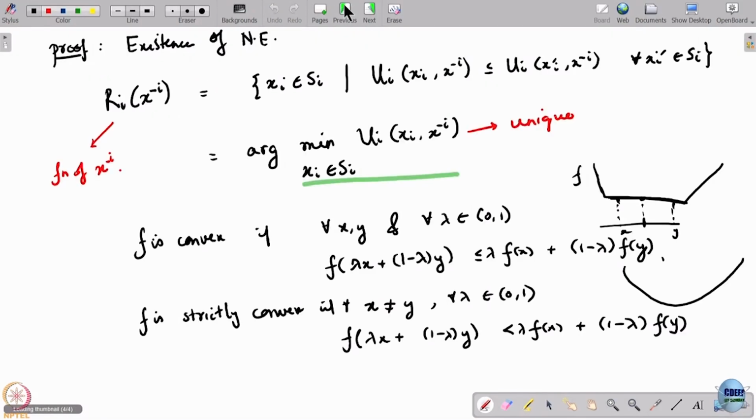Now, just like we did in our previous proof, you can also show that R is continuous. Earlier in our previous proof, we showed that the best response set has a closed graph. The exact same argument will apply here, but instead of getting a closed graph, what you will get is that the function R itself is continuous. The graph being closed basically means that if you take a sequence of x minus i's converging to a point, then R of x minus i will converge to the Ri of that point.